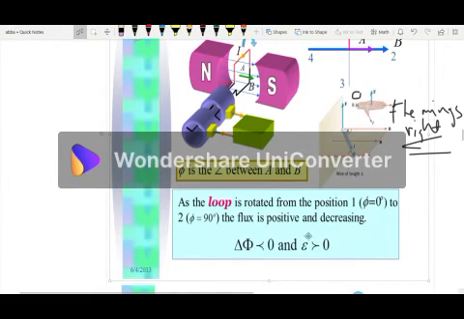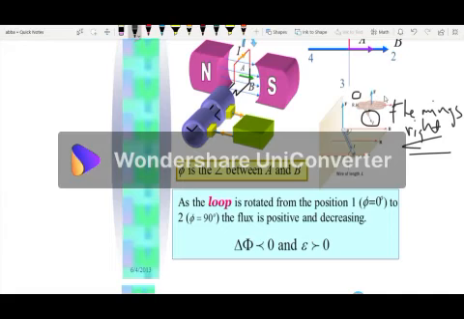So according to Fleming's right hand and left hand principles, the thumb tells us the direction of the current, right? Now the inside of the palm tells us the direction of the force. Now the fingers here tell us the direction of the magnetic field, right?